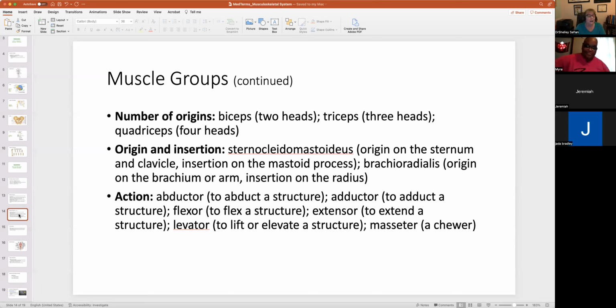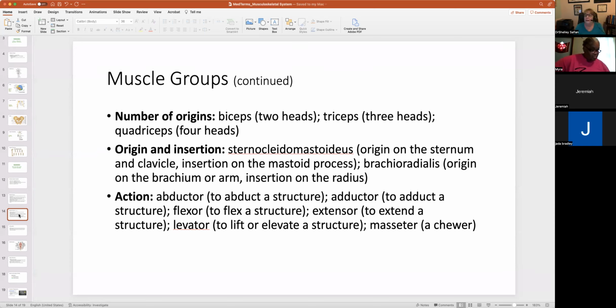I write, I read, I don't say, but you're going to help me out, right? Brachioradialis. There you go. See, you can break it up into parts. So the brachium, or the arm, with insertion in the radius, the lower part of the arm.